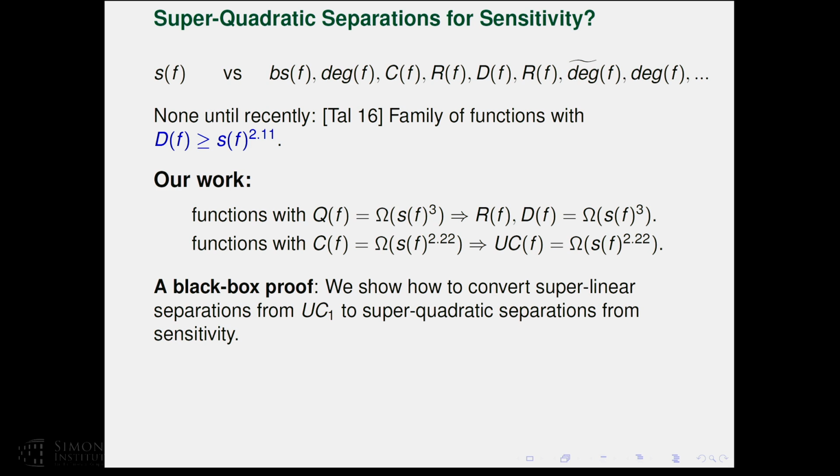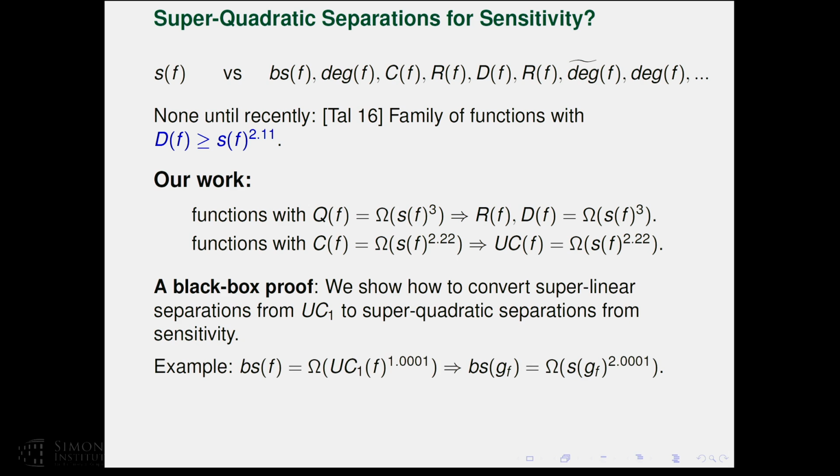For example, if you give me a family of functions that have a 1.001 separation between UC1 and block sensitivity, I can plug it into our simple construction and I get a new family of functions that have a 2.001 separation between sensitivity and block sensitivity.